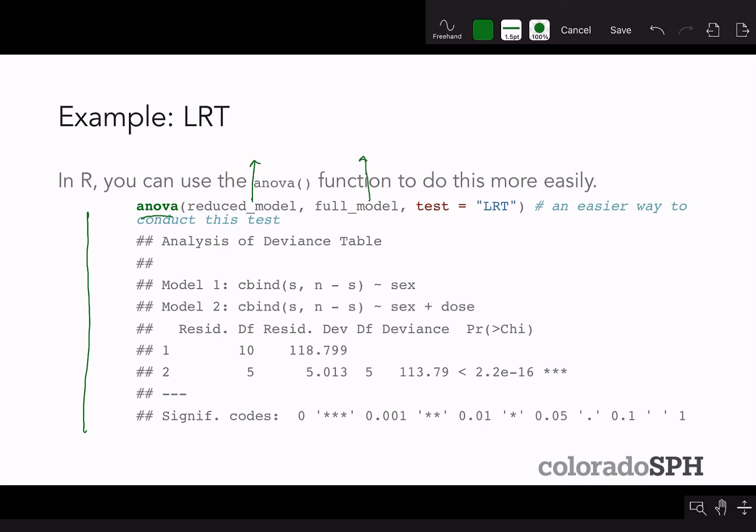And you want to make sure to specify what test you're using. In this case, we're using the likelihood ratio test. If you don't specify that, you're not going to get a p-value. And it will give you a table that gives you your degrees of freedom, which is the same as what we calculated, 5, your test statistic, which is also the same as what we calculated, and a p-value associated with this test.